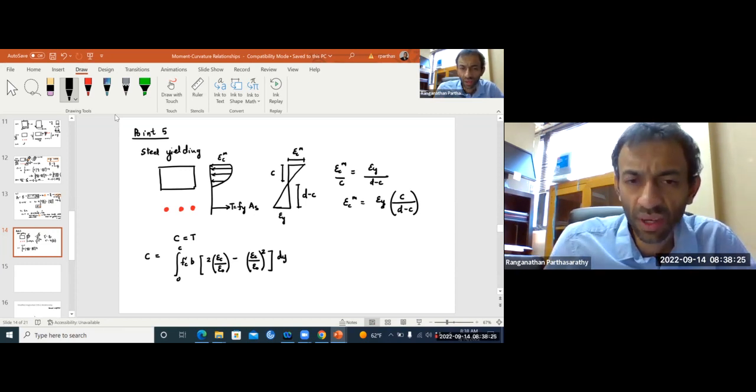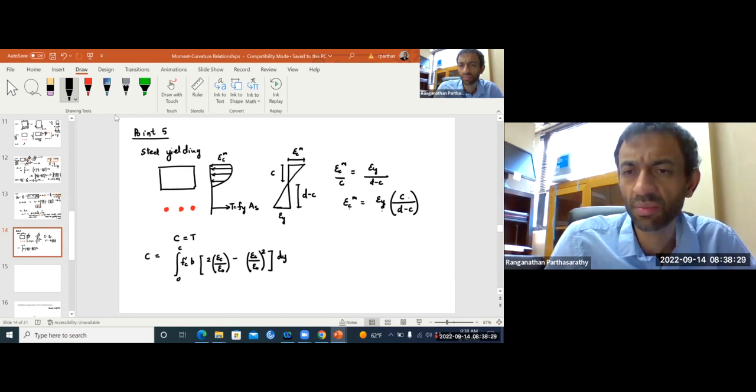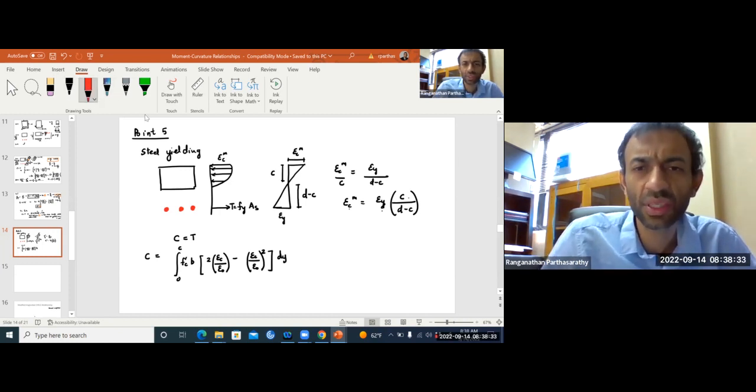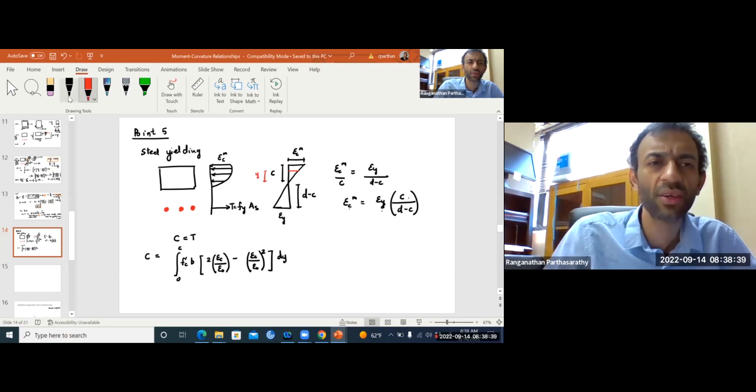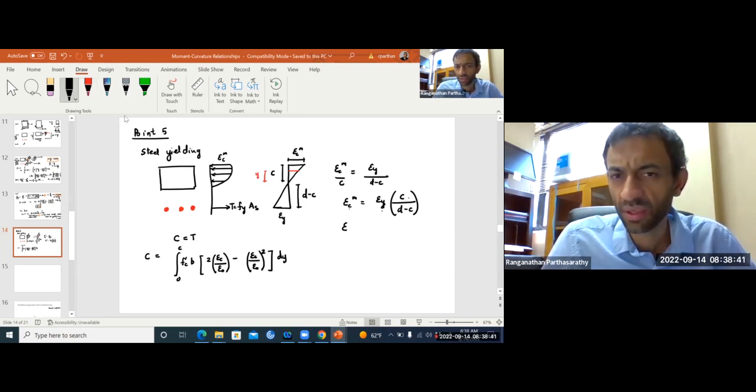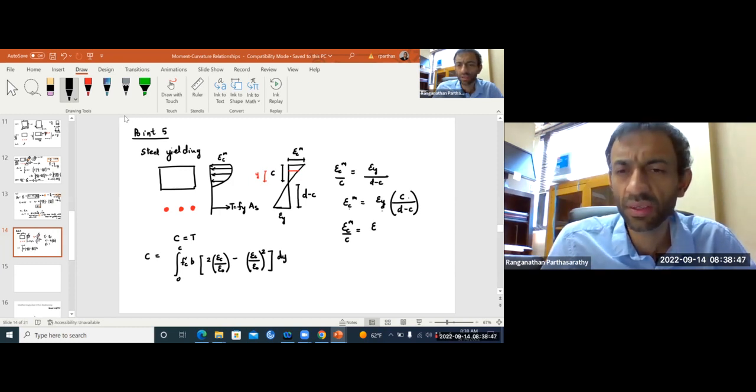Now, what is epsilon C? Epsilon CM we know is something in terms of the neutral axis. For epsilon C at any distance y, epsilon CM over C is equal to epsilon C over y.